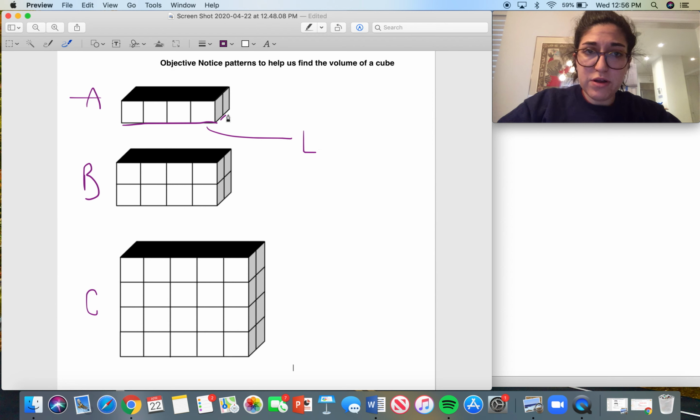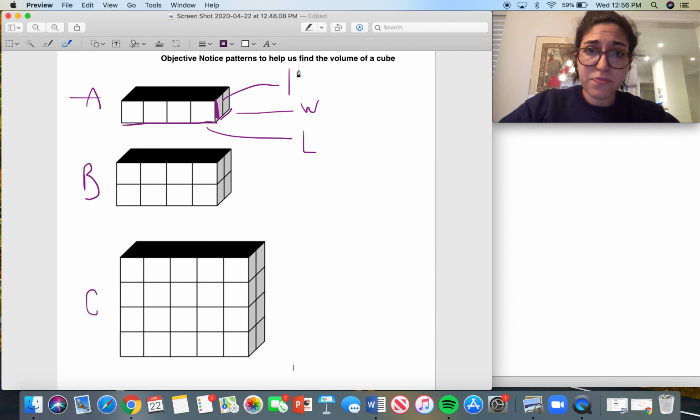We're going to call this width, W for width. And the part that goes up and down, we're going to say that is height, H for height. I don't know if you remember when we talked about this in class, but we said that volume equals length times width times height. That is not a times symbol. That is length times width times height.